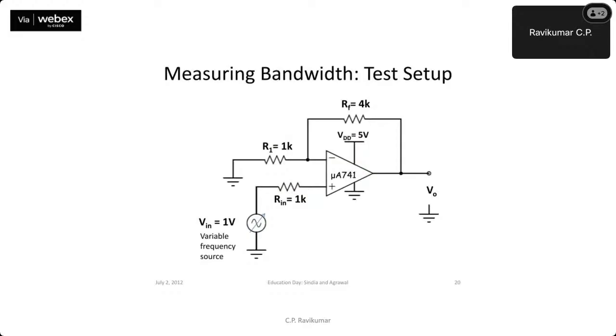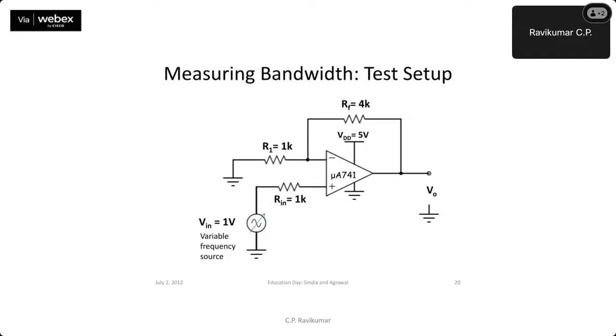Similarly, for measuring the bandwidth, instead of a DC voltage, you may apply a signal generator, sinusoidal waveform. Again, the ATE will have a very good sinusoidal waveform using high precision components and so on, right? And we can measure the gain of the AC waveform and increase the frequency from low to high.